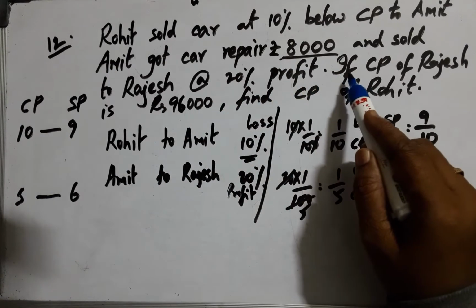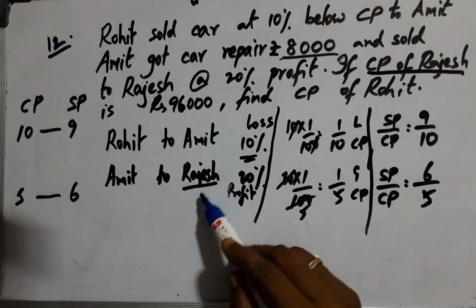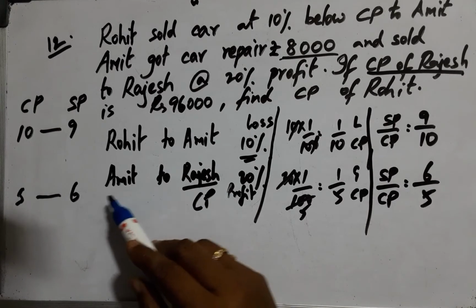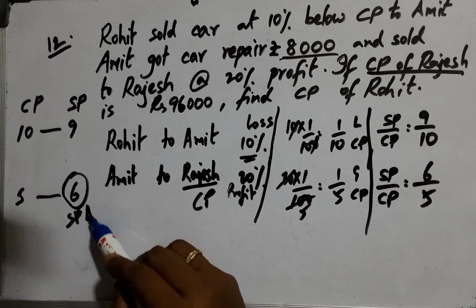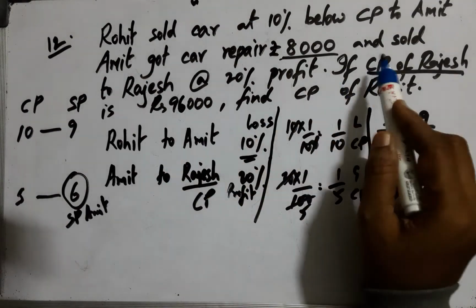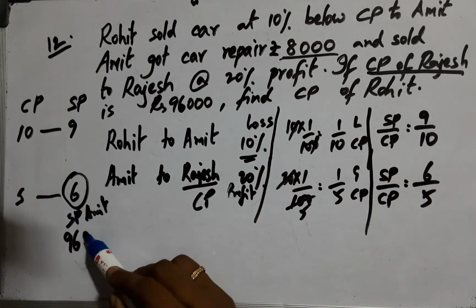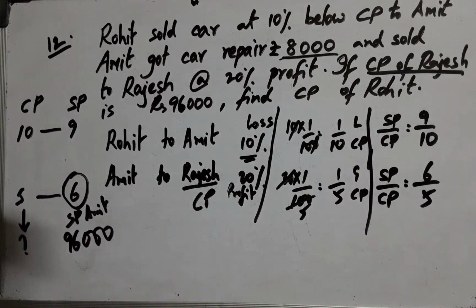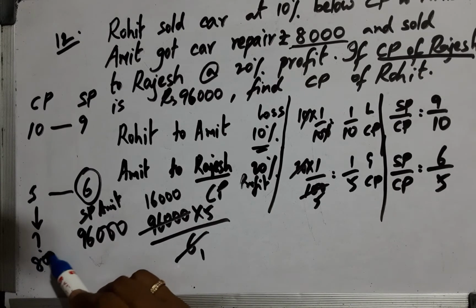Here the question says the CP of Rajesh is the SP of Amit, and therefore this SP of Amit is 96,000. So if 6 parts is 96,000, then what is 5 parts? This becomes 80,000.